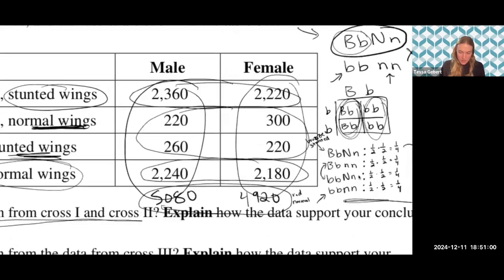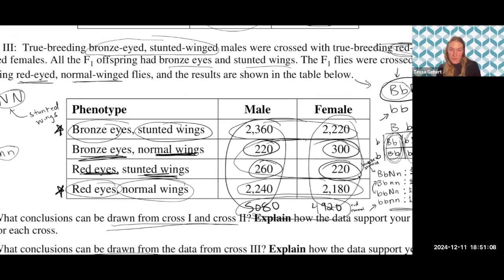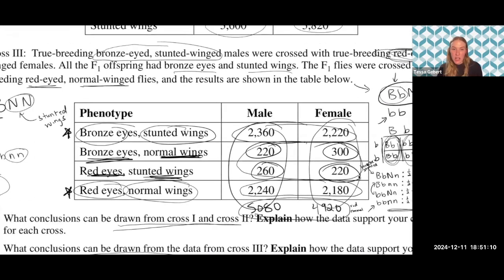So these 4 sets here, the males and the females for these 2 different phenotypes, are the recombinant offspring. This is where if we had B and N on this chromosome and B and N on this chromosome, sometimes crossing over occurs and they do a little swap. So this chromosome takes this B and then they swap. And that is how you get recombination.